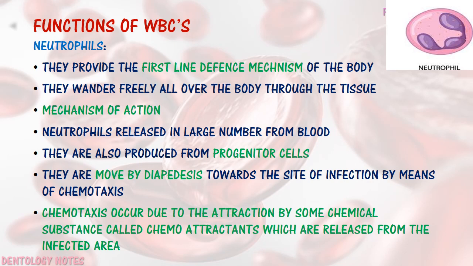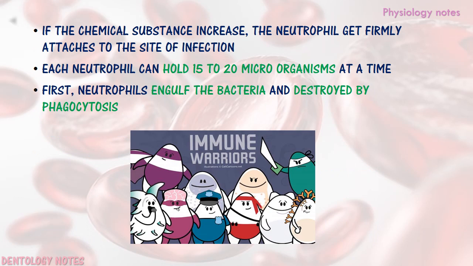Chemotaxis occurs due to the attraction by some chemical substances called chemoattractants which are released from the infected area. If the chemical substance increases, the neutrophil gets firmly attached to the site of infection. Each neutrophil can hold 15 to 20 microorganisms at a time. First, neutrophils engulf the bacteria and destroy them by phagocytosis.